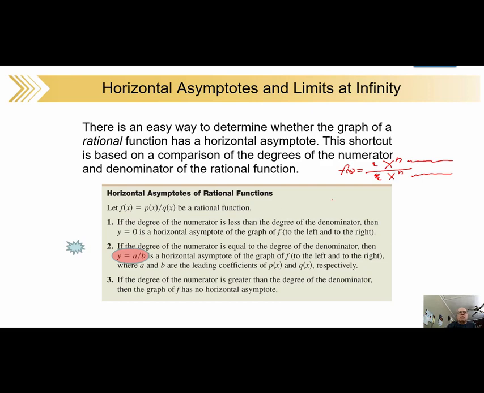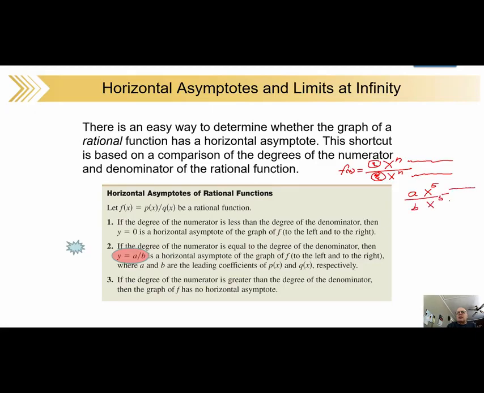And if those are of the same degree, then what you'll do is you'll look at these two numbers, the leading coefficients. In this case, the a and the b. So you'd have a, say, x to the 5th over b, x to the same one.